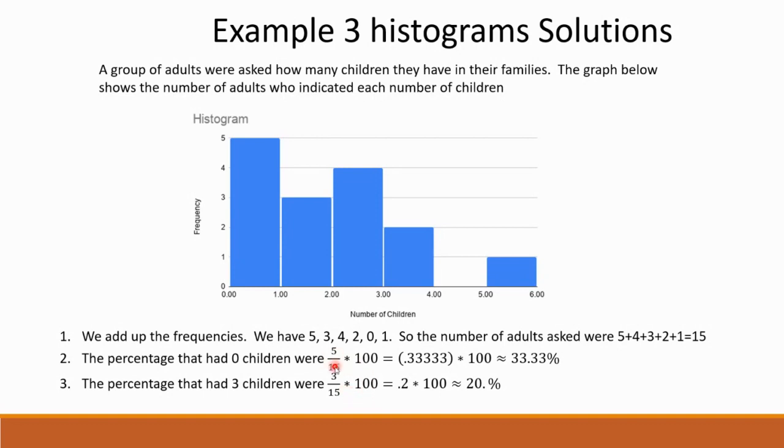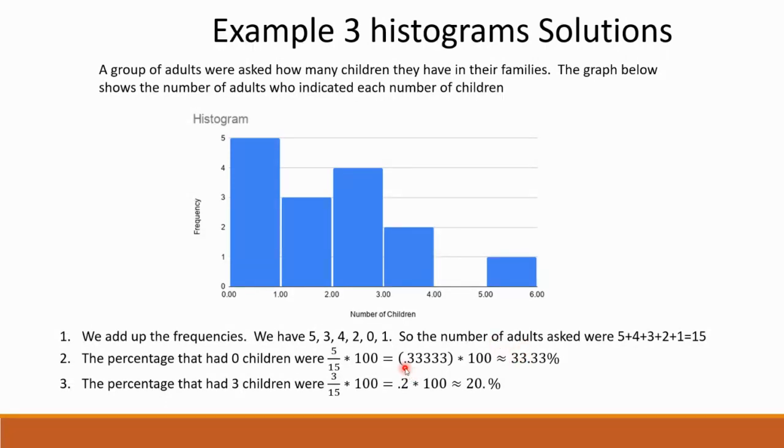Remember, that's how you get a percentage, part over whole times 100. This is really asking, what is 5 out of 15? What percentage is that? Now here we divide, and we round it to 2 decimal places. So it's about 33.33%.